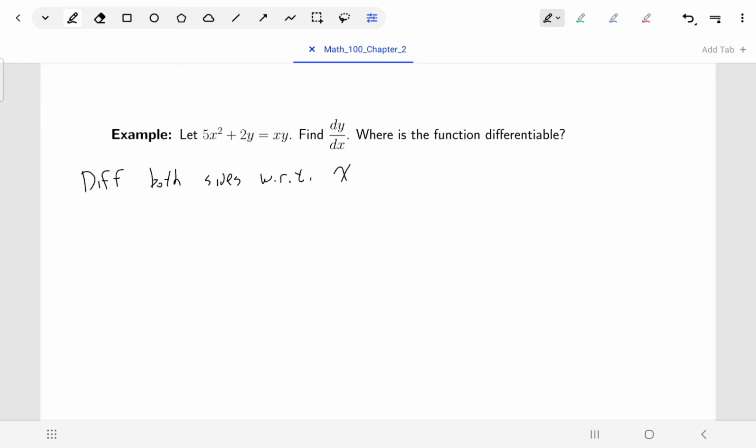So here I'm thinking of x being the variable. We're taking derivatives with respect to x, and so y I'm thinking of as being a function of x. So in my mind, not that I'm writing it this way, y is really y of x. So when I take the derivative of y, it won't be 1, it'll be 1 times the derivative of y with respect to x. So I'll show you what I mean.